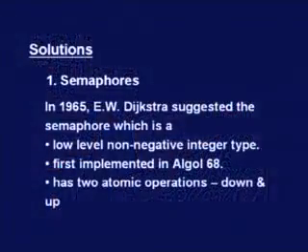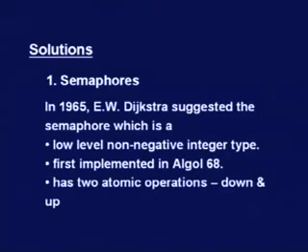The semaphore is an important milestone in the eventual development of the operating system, because all operating systems now use semaphores. The semaphore was suggested by Dijkstra in 1965. I have already mentioned earlier that Dijkstra is considered the father of operating systems.